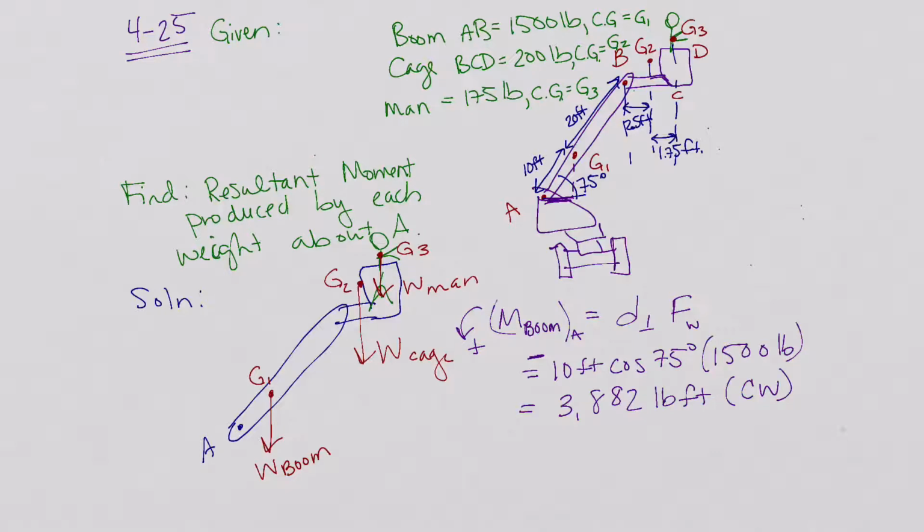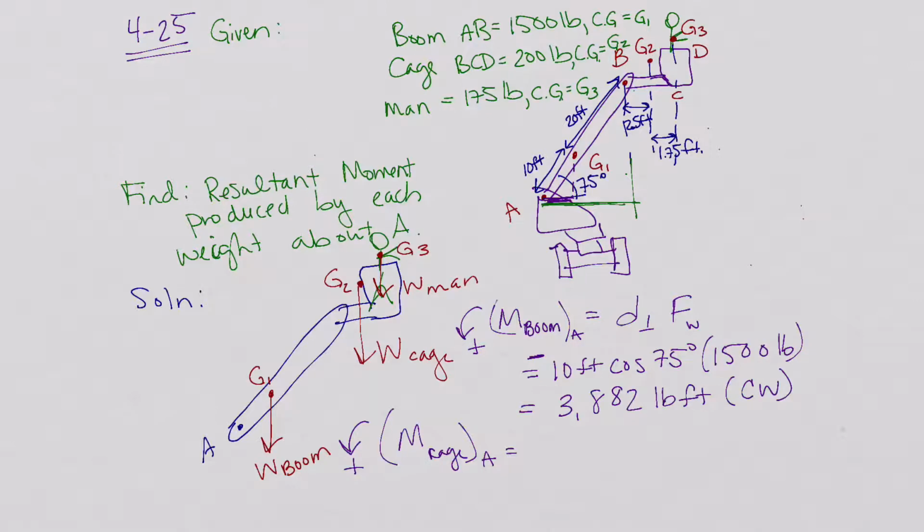For the moment of the cage about point A, we'll again do the positive coming out of the screen. So the cage's center of gravity is at G2, so we just want that perpendicular distance. What I'm going to do for this one is get the perpendicular distance to here.